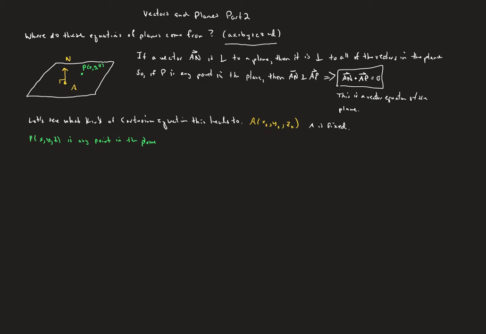So there is our point P. And then we know that vector AP is going to be tip minus tail. So it's going to be x minus x sub 0, so I'm taking the x coordinate of the P minus the x sub 0 of the A, and y minus y sub 0, and z minus z sub 0. So there is our vector AP.